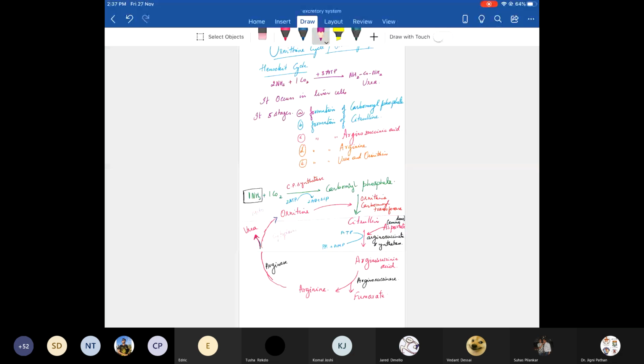Here you have two ATPs converting into two ADP molecules and two Pi. Here one Pi is released, so it becomes monophosphate. Here one Pi is released.